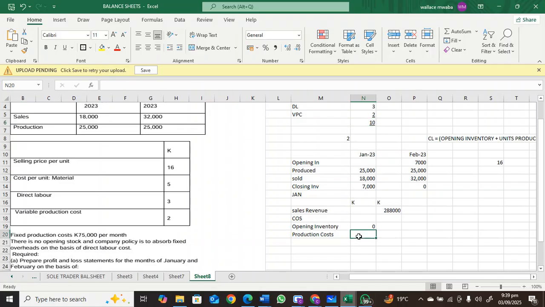So the production cost is 10 kwacha per unit multiplied by 25,000 units, so 250,000 is our production cost. Then you always add your opening inventory with your production costs to give you the total cost of goods available for sale.